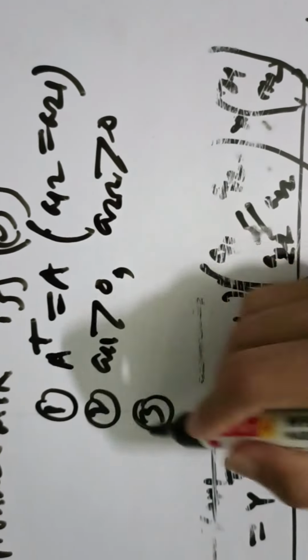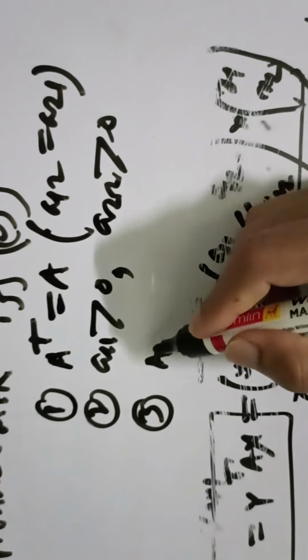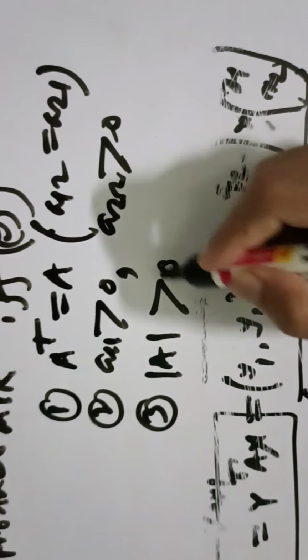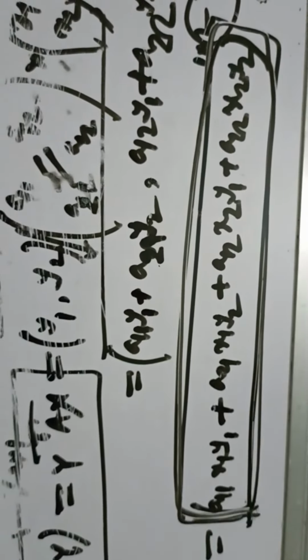And the fourth condition is that the matrix determinant should be positive. If these conditions are satisfied, then we can say f(x, y) equal to y transpose A x, or this expression a11 x1 y1 plus a12 x2 y1 and so on, forms an inner product.